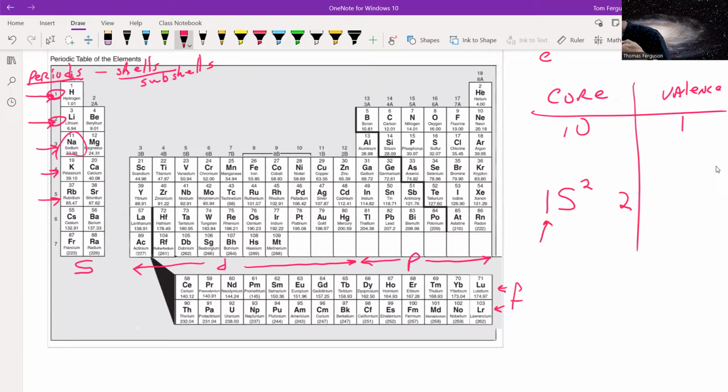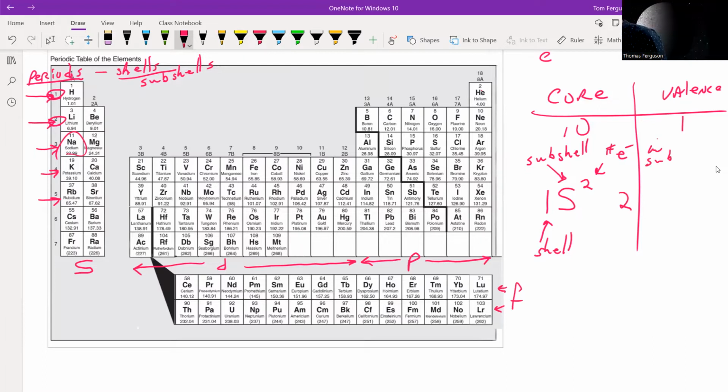So this is the shell. That's the subshell. And that's the number of electrons in the subshell. So there are 3 parts to every one of these: what's the main shell, what's the subshell, and how many electrons are in that subshell?